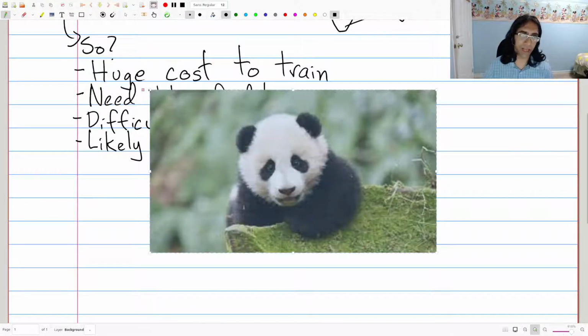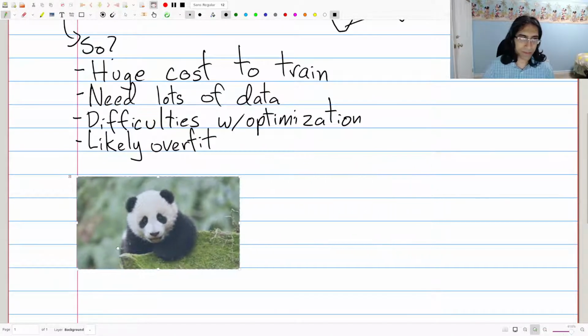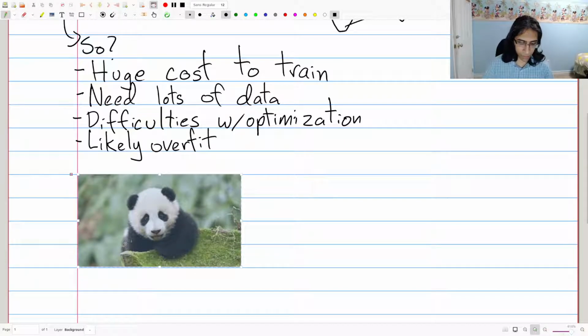So here is a picture of a panda. There are a few things which are important about natural images, which will be very useful when we design something here. One thing is that it doesn't really matter where in a picture something is. It's still a panda. Suppose this picture of the panda was over at the top left, or the top right, or bottom right, bottom left.